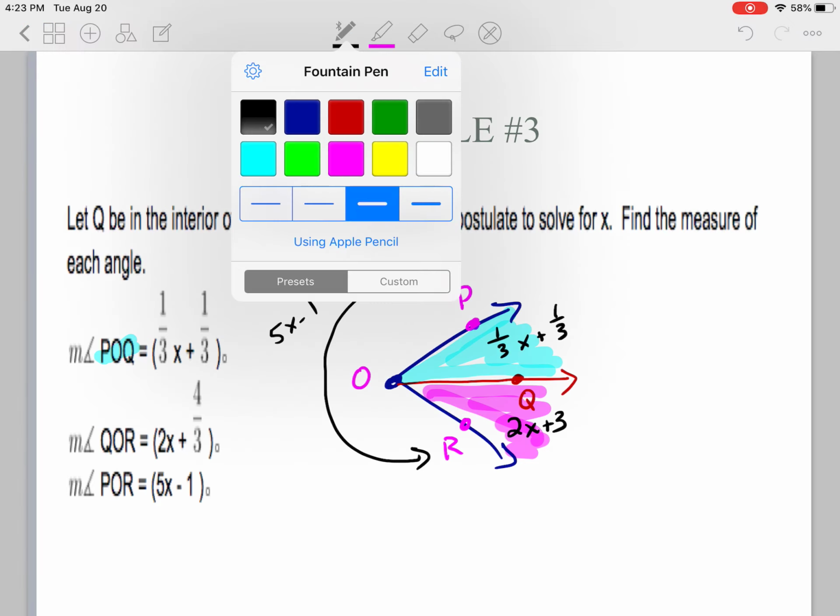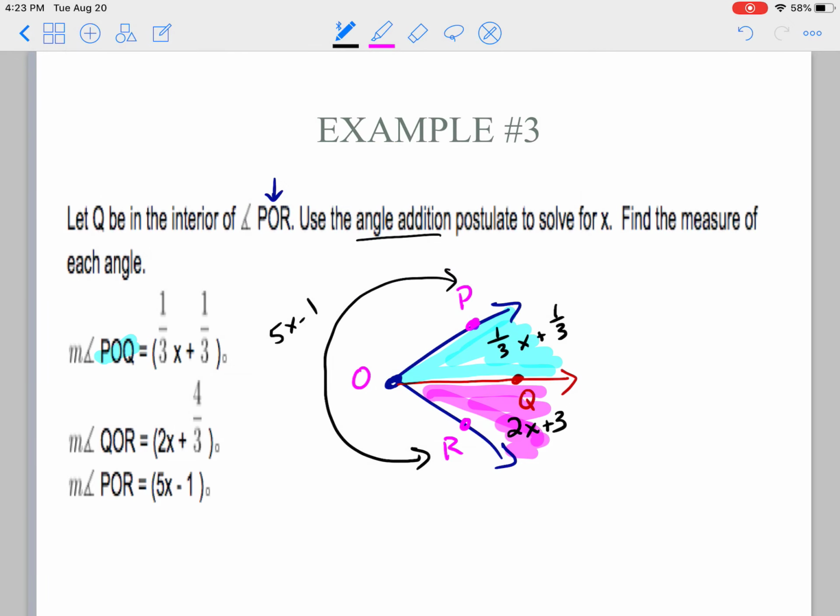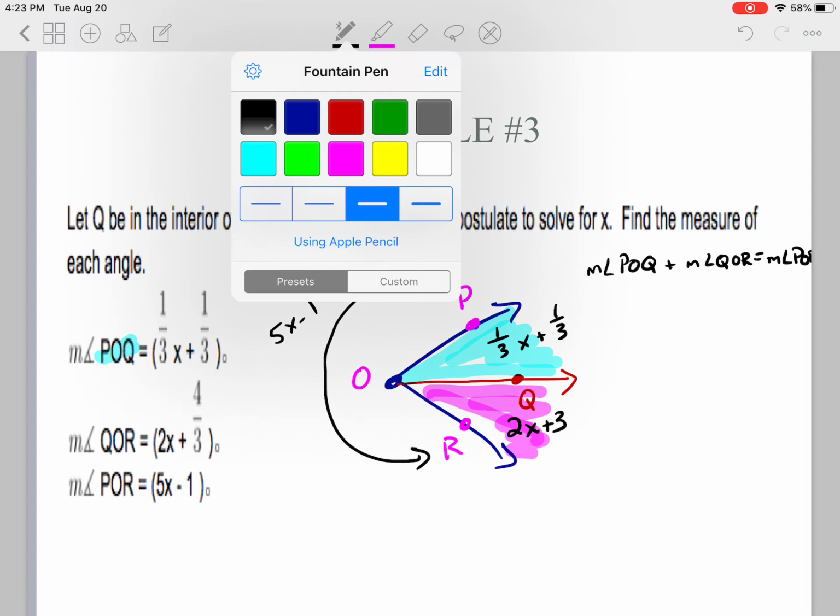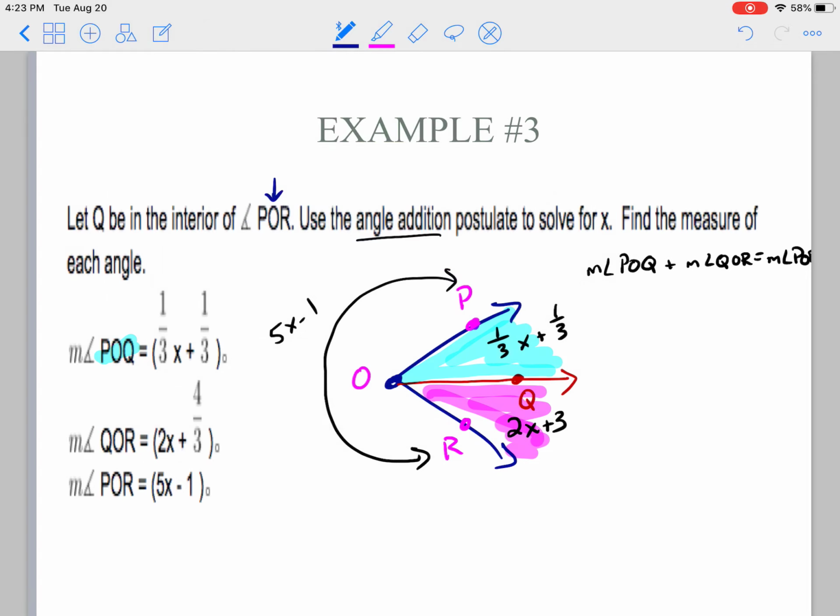So my angles that I'm going to be adding will be the measure of angle POQ plus the measure of angle QOR, and that will equal the measure of angle POR. So let's substitute in our values.